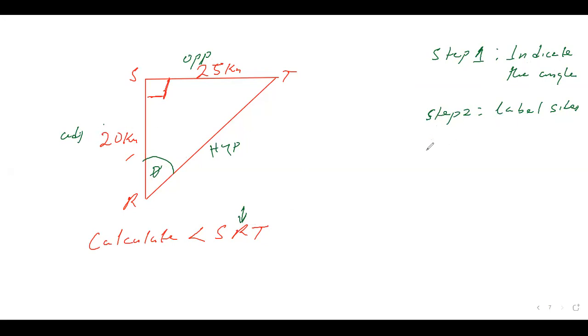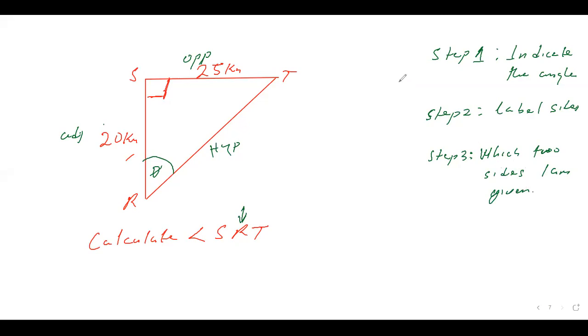What is step 3? What will you do next, after I label the sides? Look at the sides given and determine them. So we are going to find which two sides I am given.